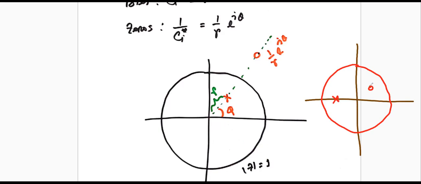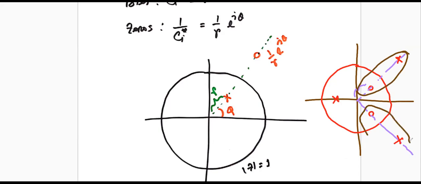For the first zero, there should be another zero here, because that is a complex conjugate. And now the second point: we need to extend this line, because we know that if this is r, another pole is 1 divided by r, so maybe there. And similarly, we have another pole like there. So they have the pair and they have the pair.